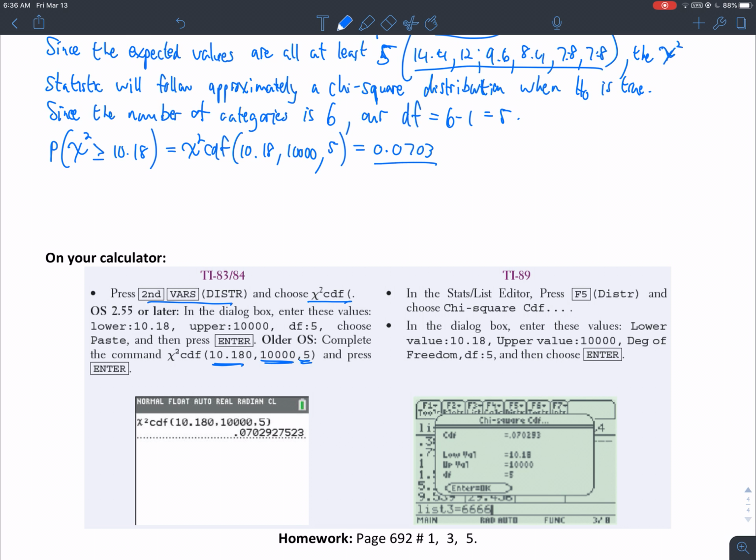There is a table for this, but I highly recommend that you don't use it. Just use your calculator. Next time we'll do a formal statistical test together, and there's a test on your calculator, stat tests, called chi-square GOF test. I would not use the paper table because you have a calculator, which is better.